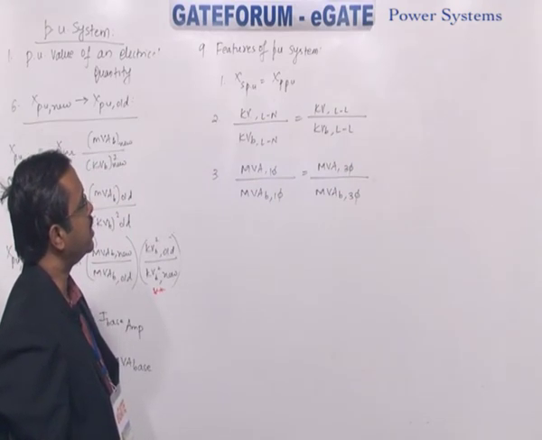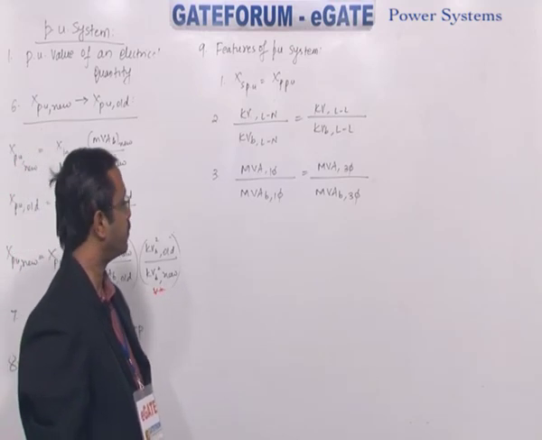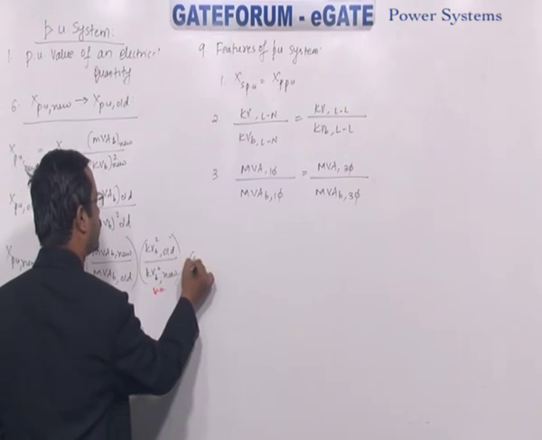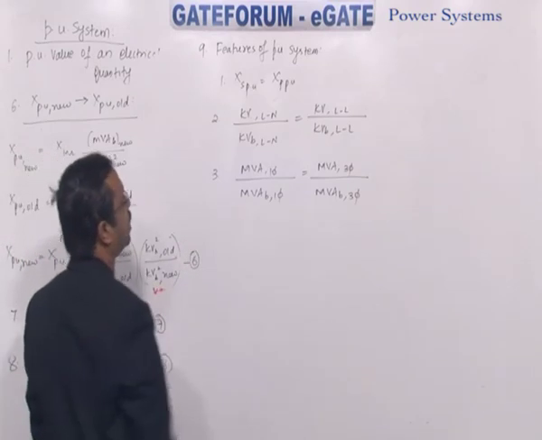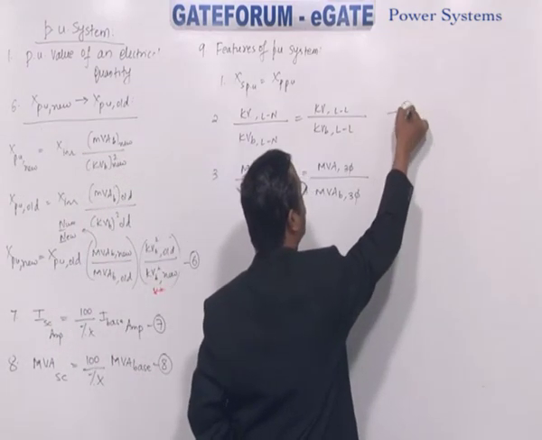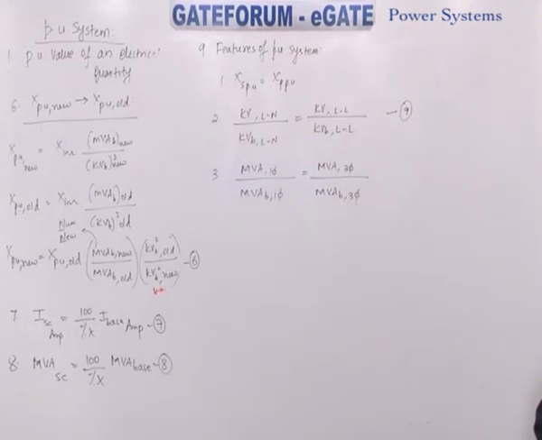So these are the three features of per unit system analysis. And you can number this as equation 6, 7, 8, this total 9th one. So please go through all these formulae of per unit system analysis. These are important for our analysis of per unit system.